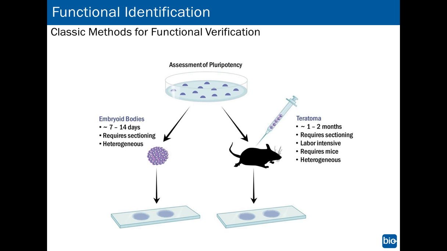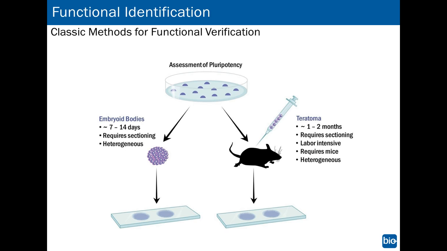So on top of the marker expression analysis, we also do functional identification, so assessing pluripotency of the stem cells. The historical methods that have been used to do so are the embryoid body assay and the teratoma assay. And these are very lengthy protocols, and importantly, they're quite heterogeneous in the readouts that you get between experiments.